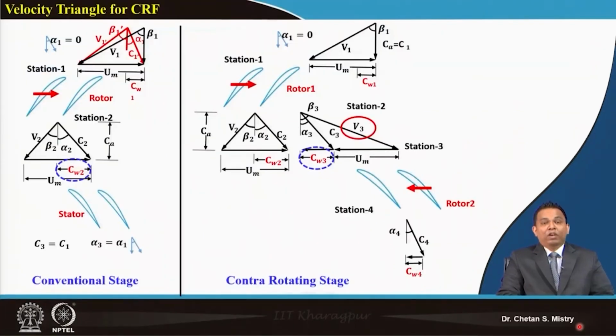Now, this is what we were discussing in terms of our velocity triangle. This is the configuration for a conventional stage. The flow coming out from my rotor will have some swirl component, and that will enter my stator.